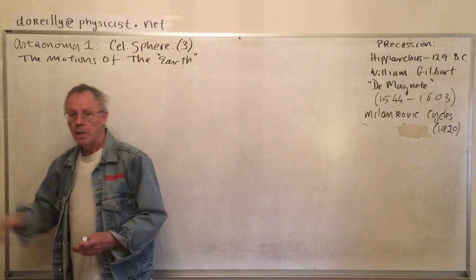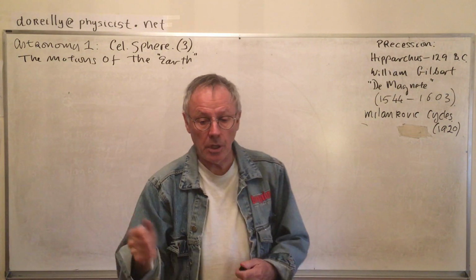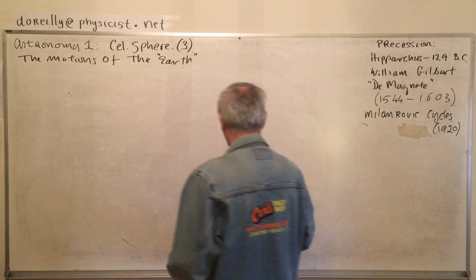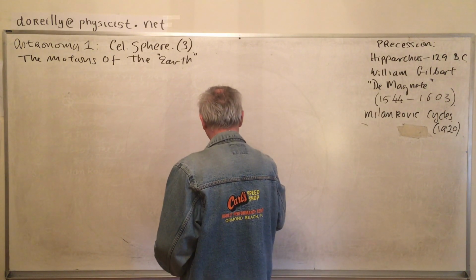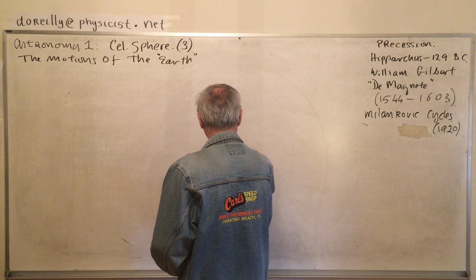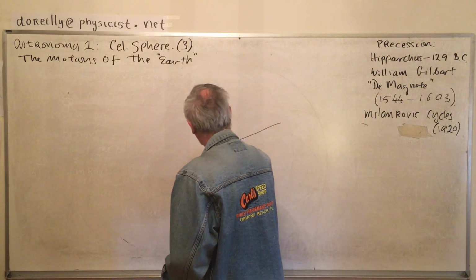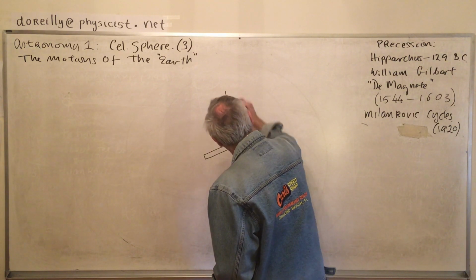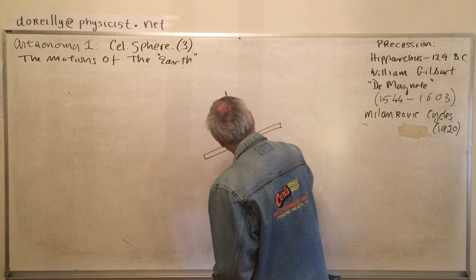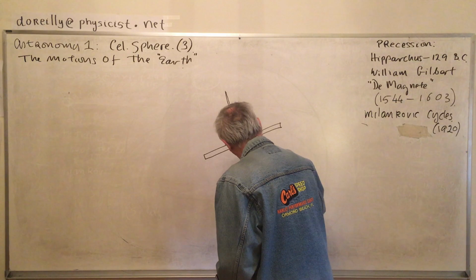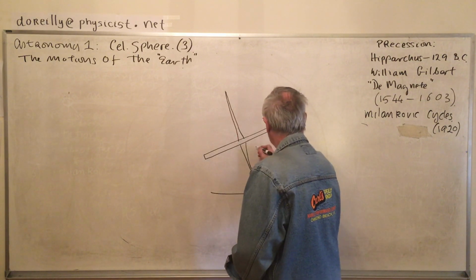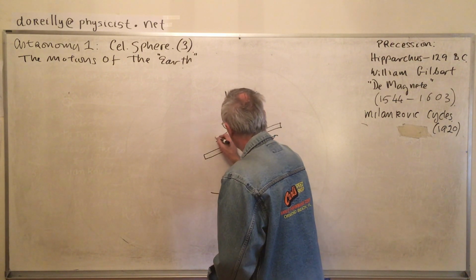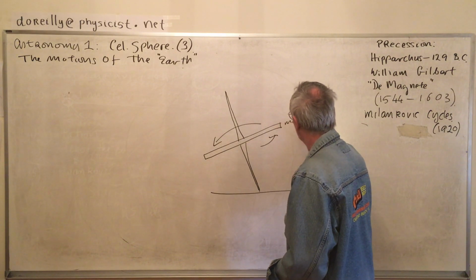Now, nutation. Nutation is yet another complication of a motion. Okay, let's make a top that looks like this. And let's give it an axis. So a top rotates that way. We put all the mass in here.